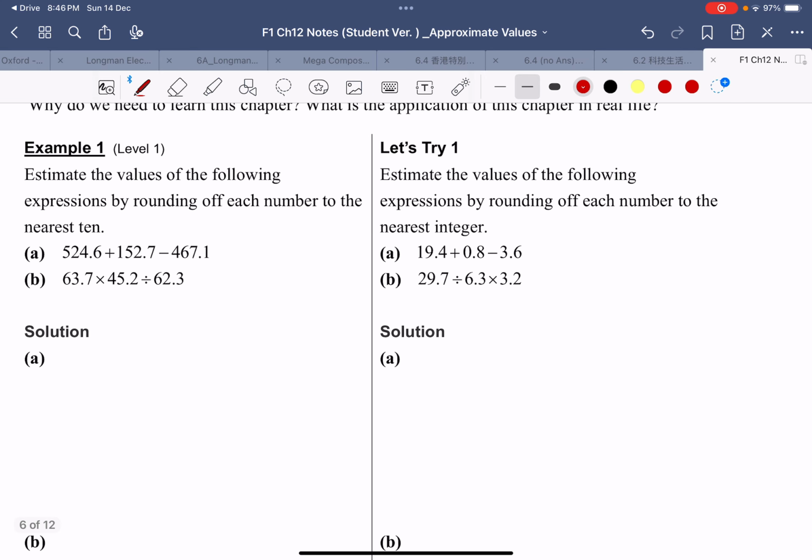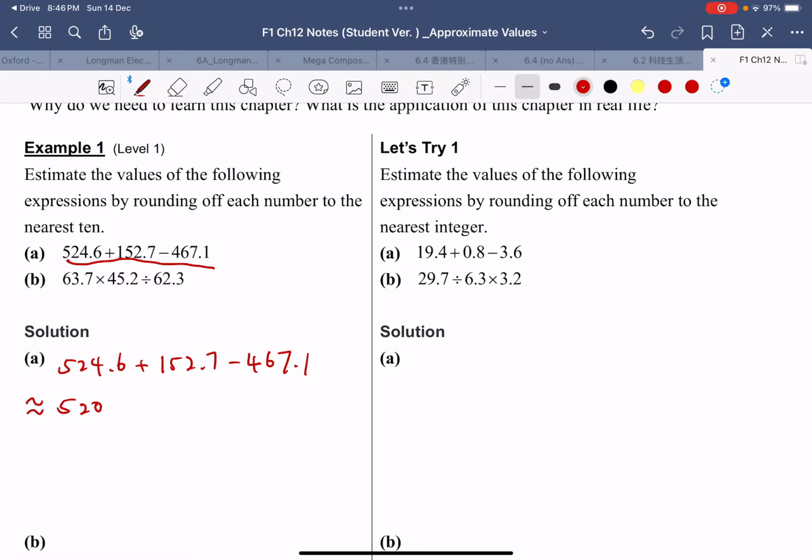Okay, let's estimate these expressions. All right, how to write down the answer? I need to teach you how to write down the answer. Okay, first of all, you write down the question, the original expression, and then write an approximately equal sign.